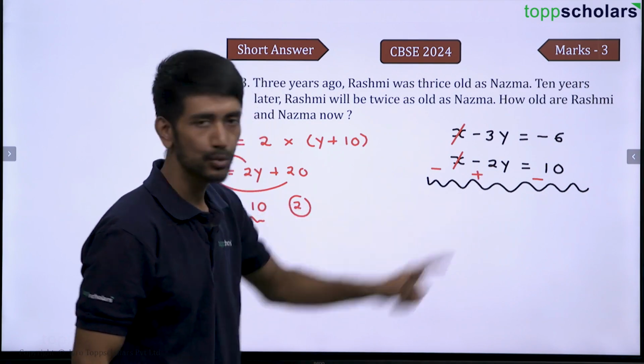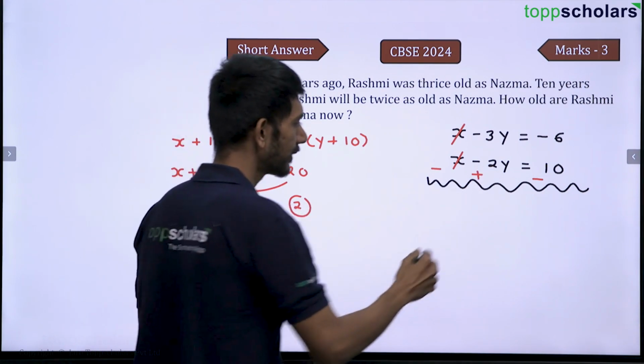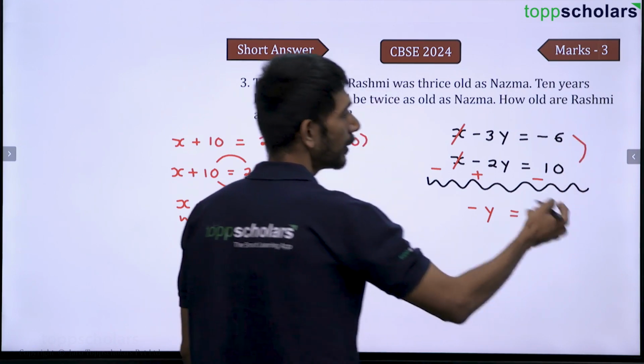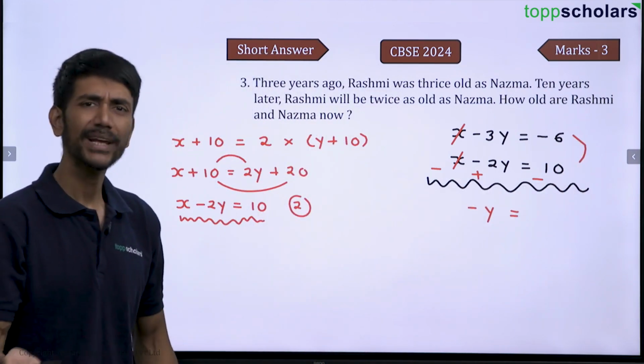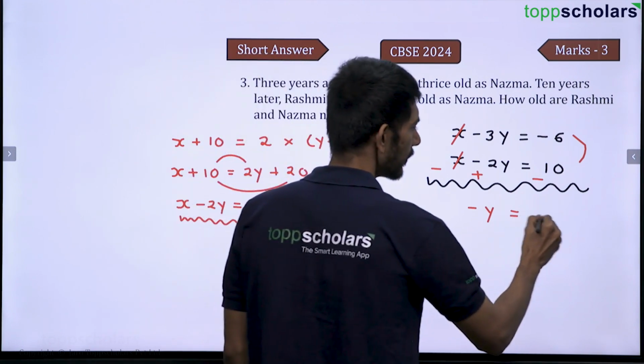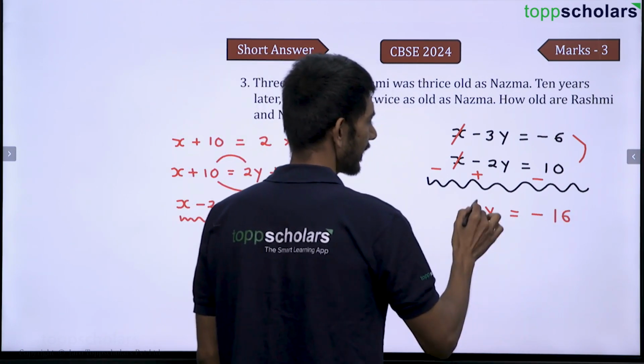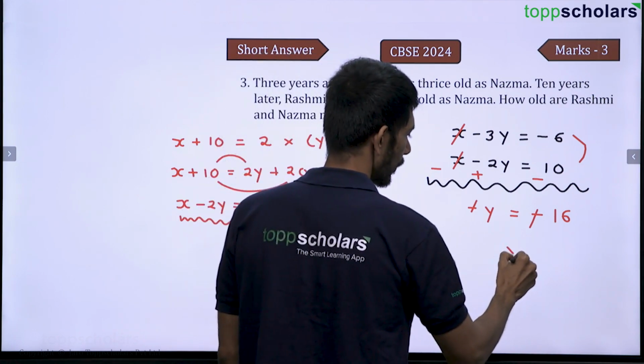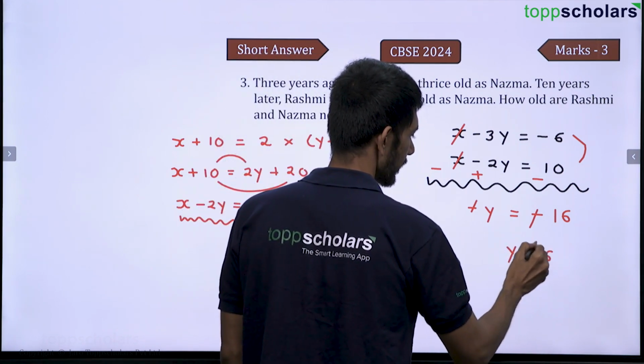Minus 3y plus 2y. This is minus 1y. Minus 6 minus 10. Both are negative. You can add them. Minus 6 minus 10 is minus 16. Cancel minus. How much is y? Y is equal to 16.